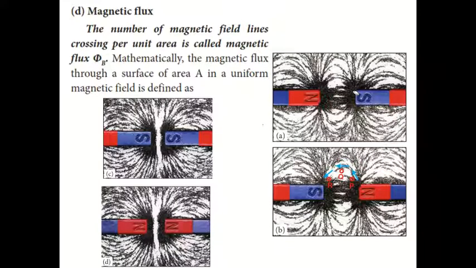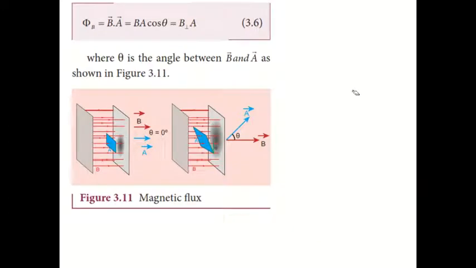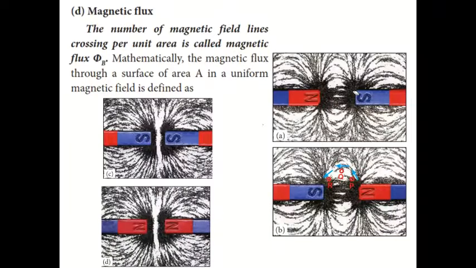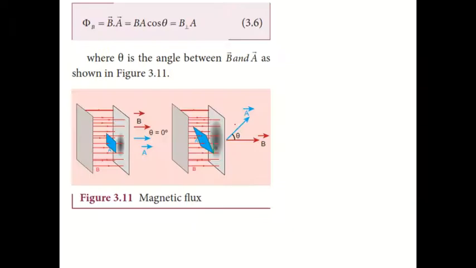Next, magnetic flux. The number of magnetic field lines crossing per unit area is called magnetic flux. Mathematically, the magnetic flux through a surface area A in a uniform magnetic field is defined as the number of magnetic field lines crossing unit area kept normal to the direction of line of force. For example, these red lines are magnetic field lines.